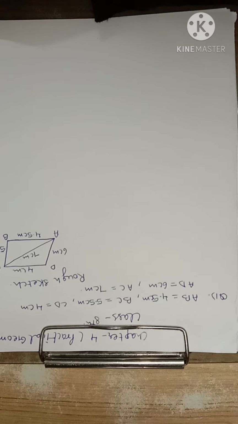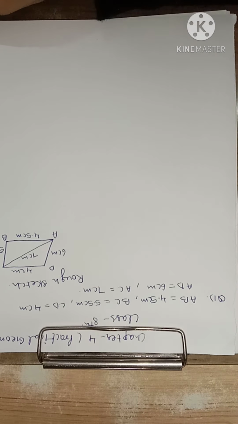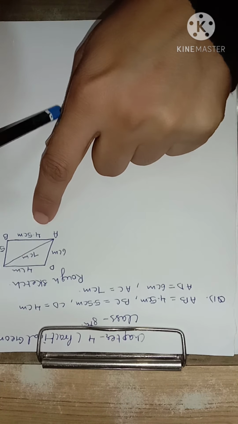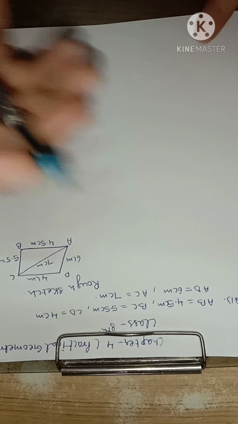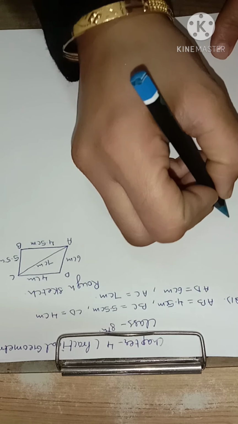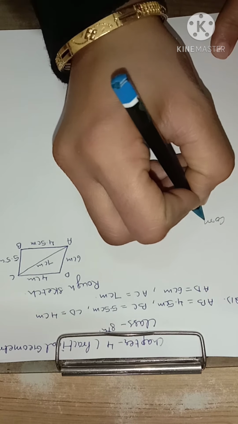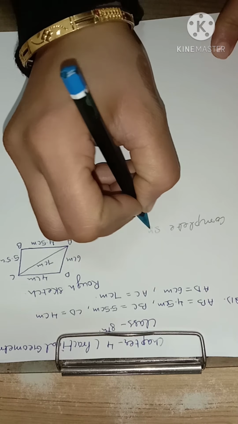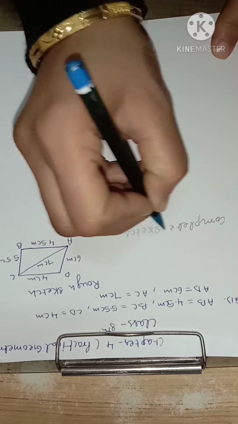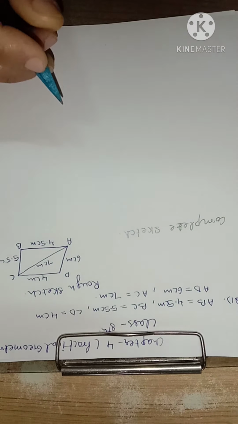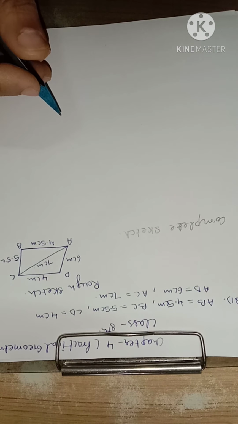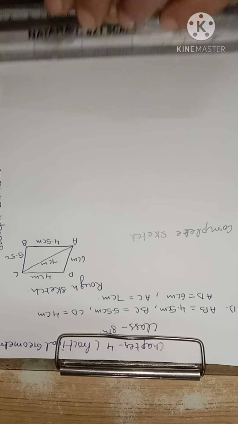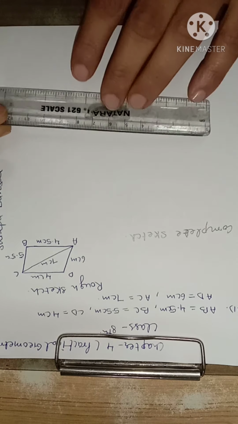I have already drawn the rough sketch on my paper. This is mandatory, you have to draw it. Now see the complete sketch. First of all, the diagonal which is given, you have to draw it in your copy.